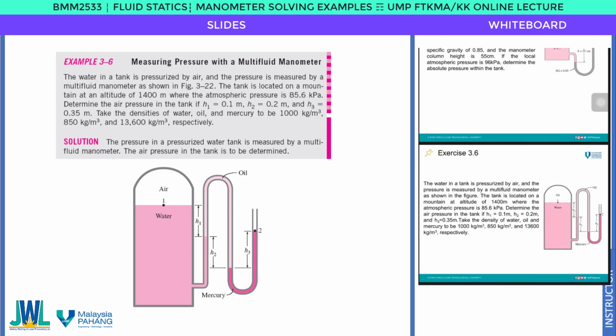So in this tank we have got two fluids, air and water. The air is closed within the tank, so the air is pressurized. So air and water are both pressurizing each other, and the pressure is measured by a multi-fluid manometer. So we have got a multi-fluid manometer.